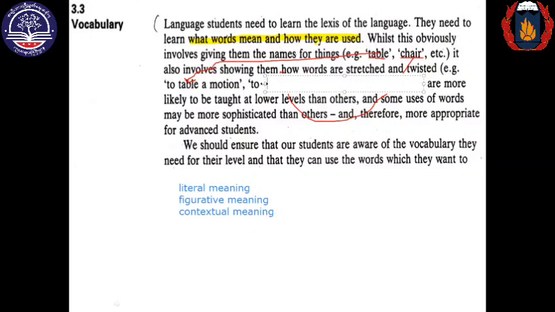At what level should we teach this one? It depends on our student level, okay?